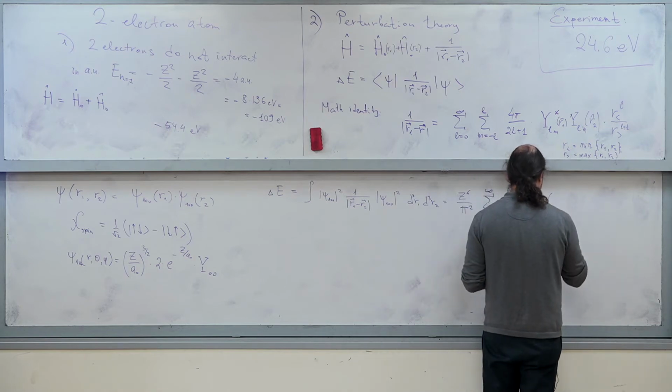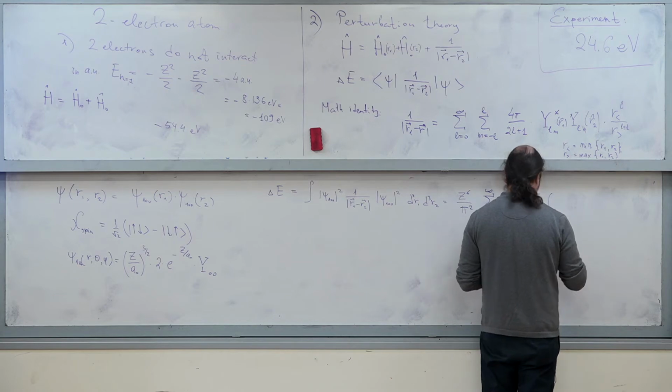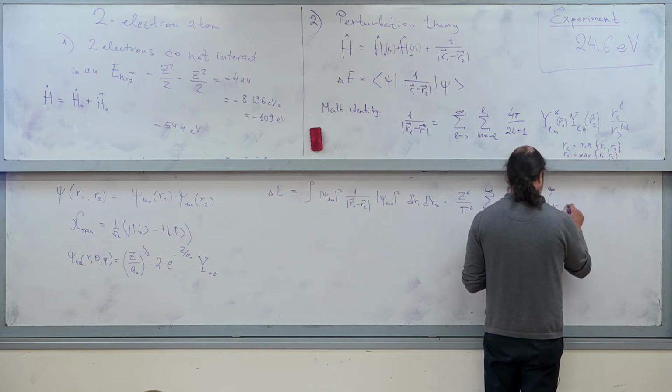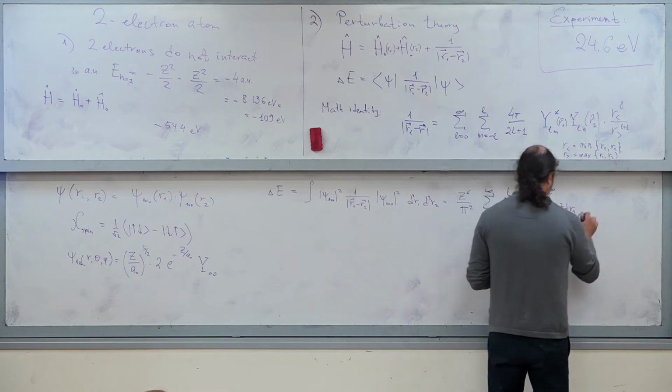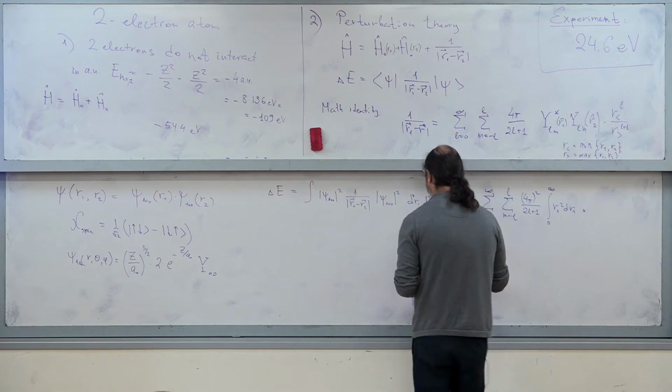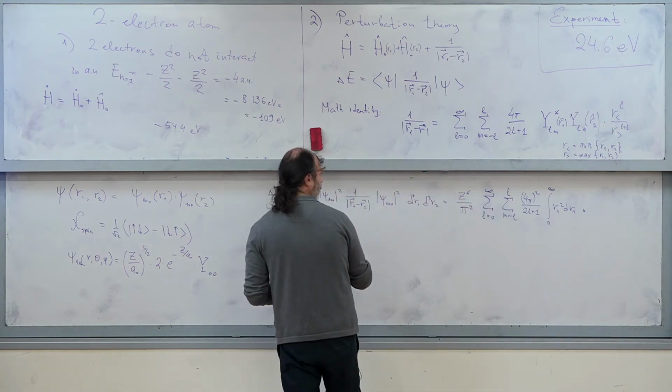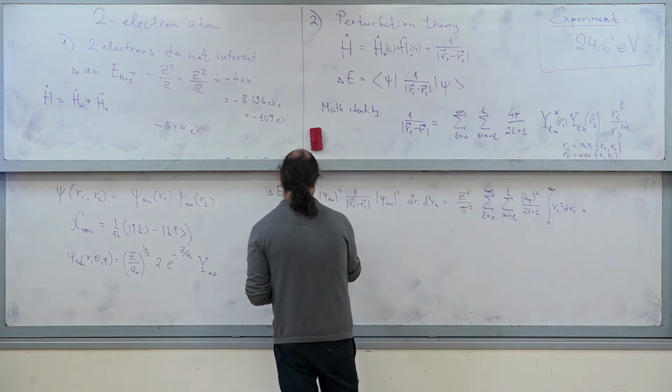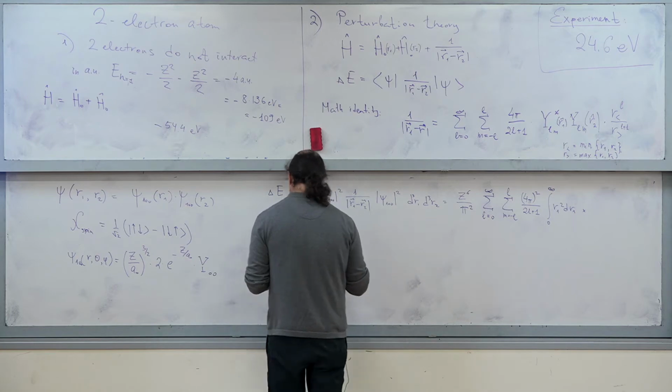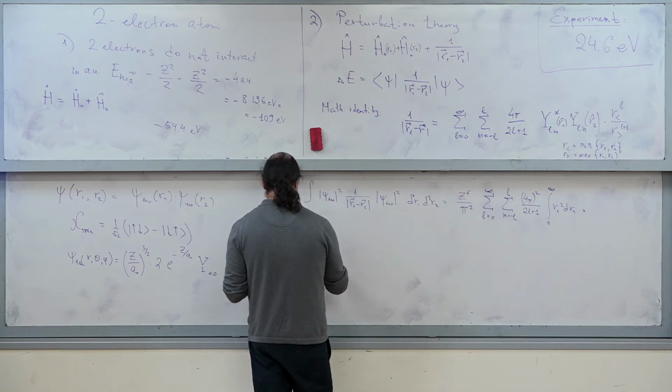the integral now over R1 from 0 to infinity, R1 squared dR1 times, so I'm going to write it here, times the integral over R2 between 0 and infinity.